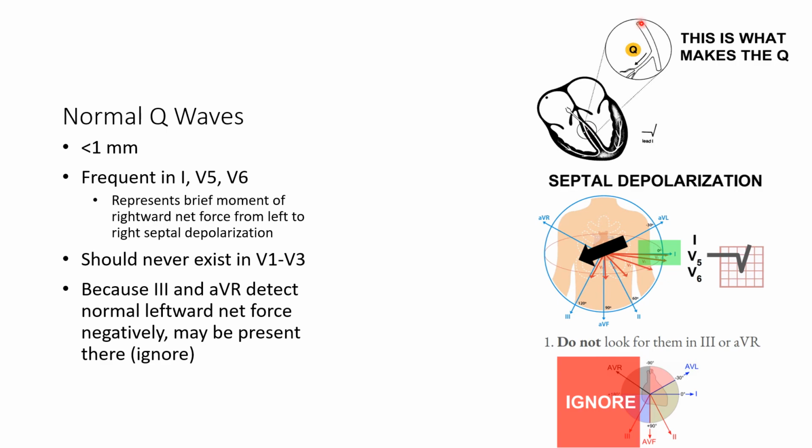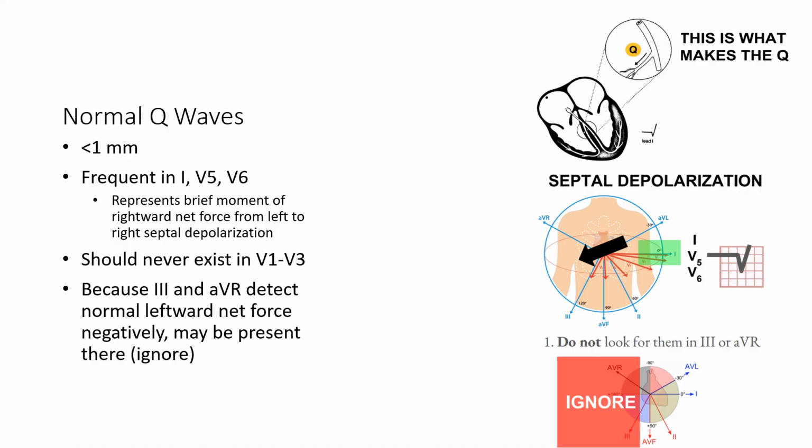In the Purkinje fibers, the depolarizing force splits off to the right. So this is actually a left to right depolarization, which briefly generates a net rightward force before the ventricles depolarize. Thus, my leads on the left side of the heart will measure that as a negative deflection.